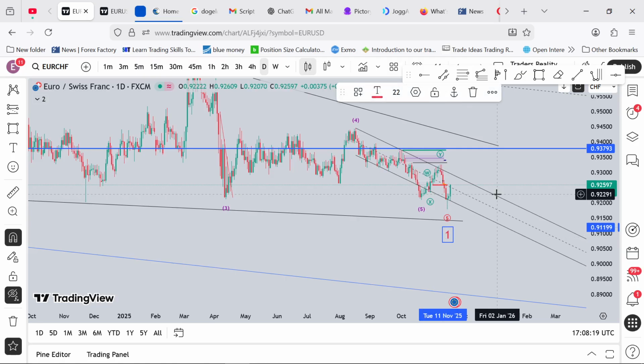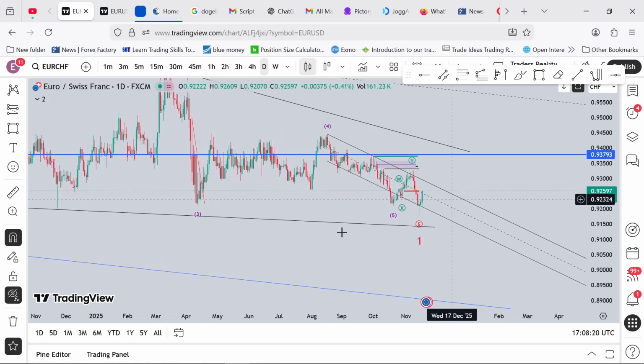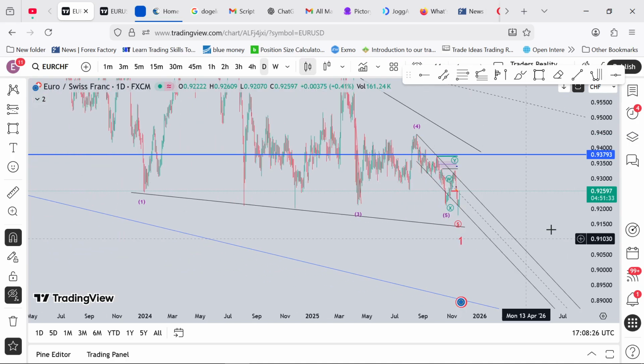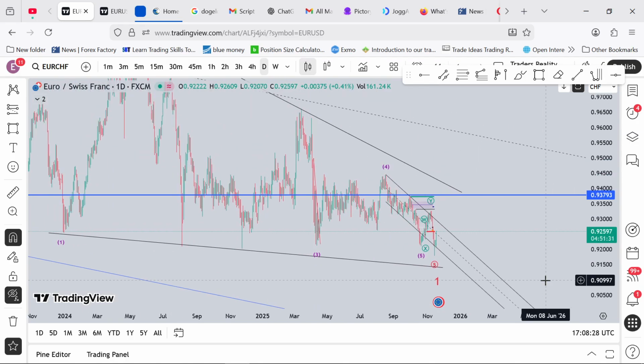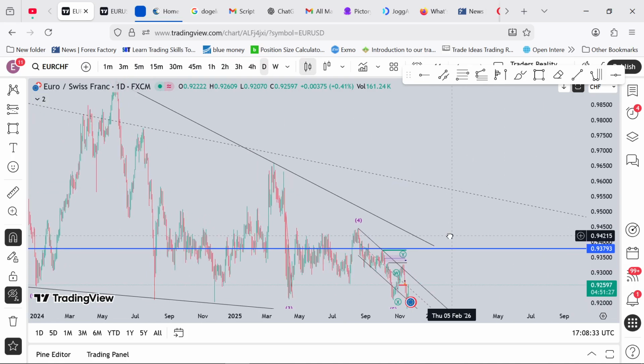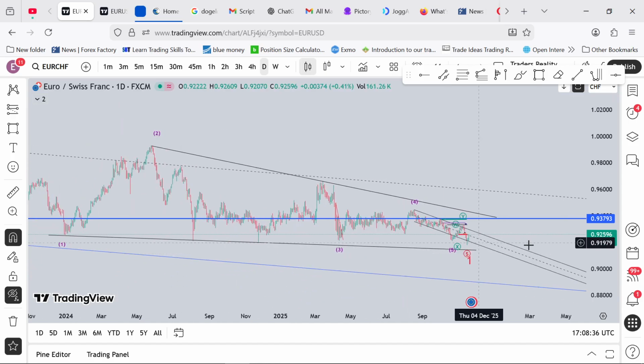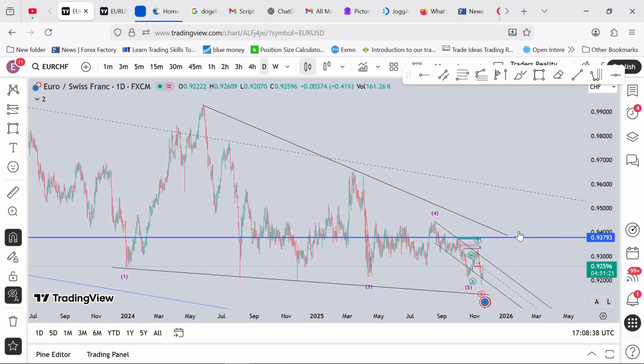I think I'm wrong here. There is a chance we slap the low one more time and then go higher. But to be honest with you, looking at this, there's a strong chance this is completed and we're bullish now. And the first target would be this trend line. That's your big higher time frame liquidity.